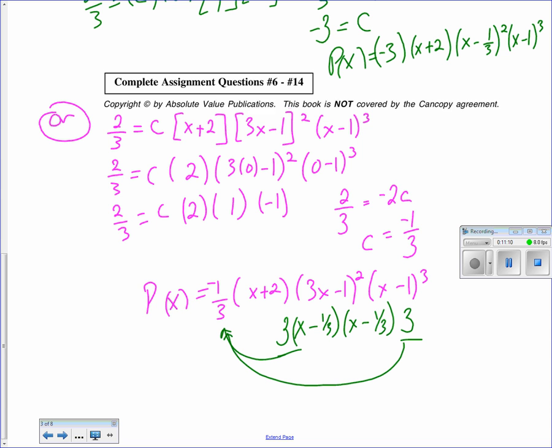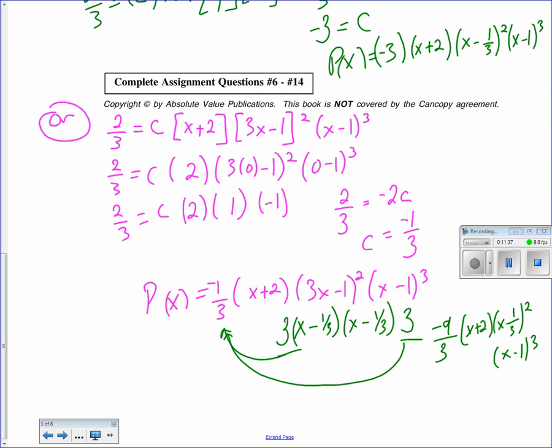So now my c value with fractions as my factors, so that's what makes my first answer not as nice, would be negative 9/3, with my factors written as x plus 2, x minus 1/3 squared, and then x minus 1 cubed.